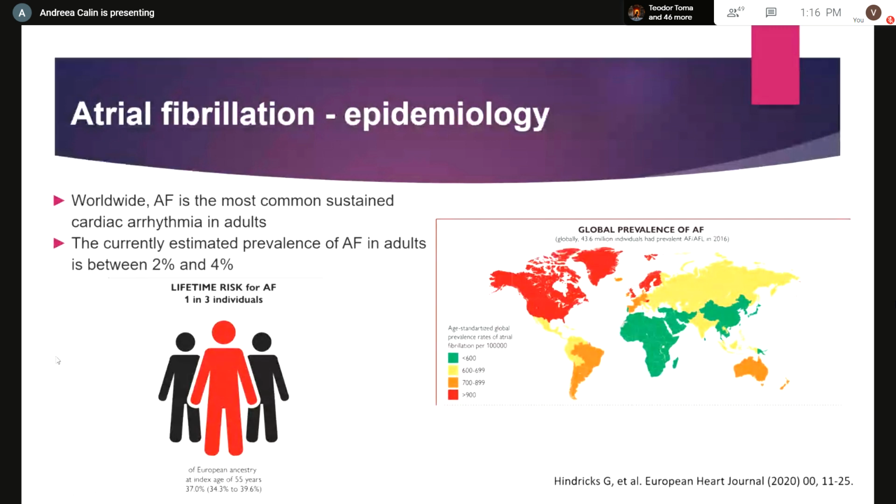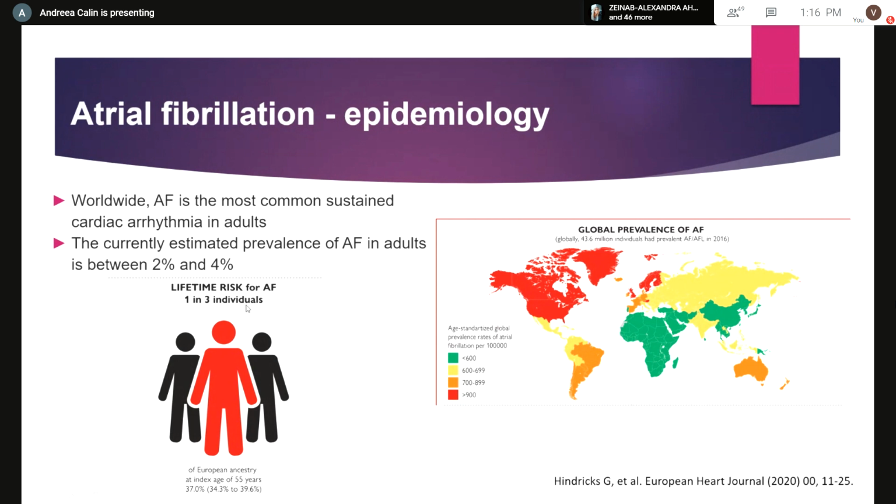On the epidemiology of atrial fibrillation, you know that this is the most common sustained cardiac arrhythmia in adults all over the globe, and the currently estimated prevalence is up to 4% of individuals. The lifetime risk for atrial fibrillation is 1 in 3 individuals.